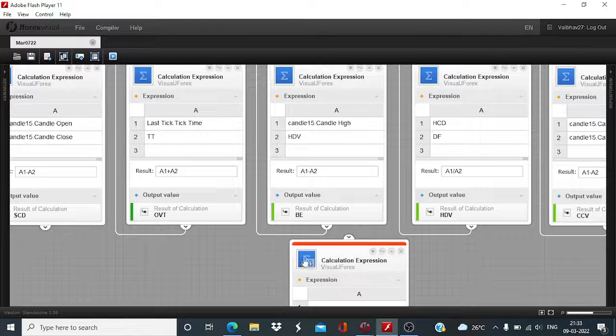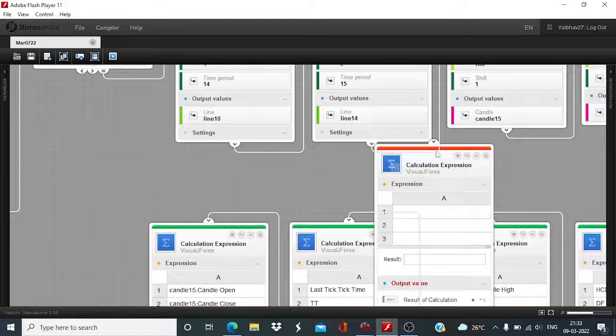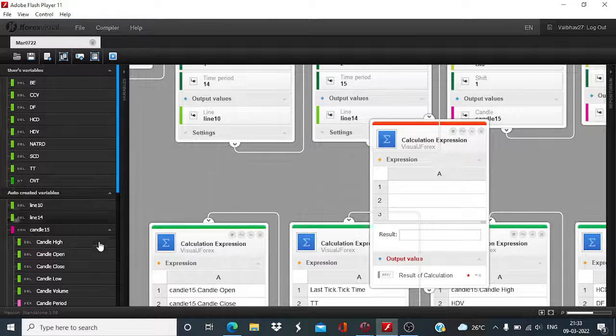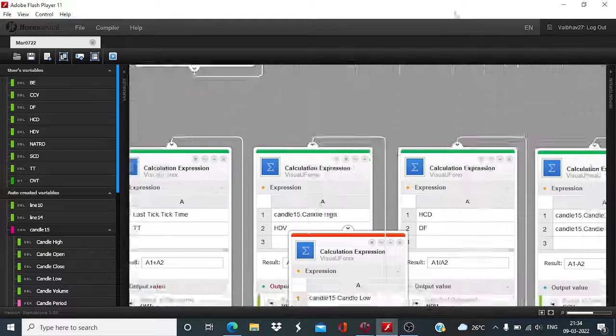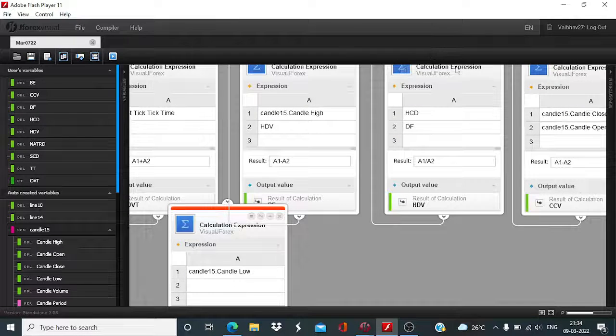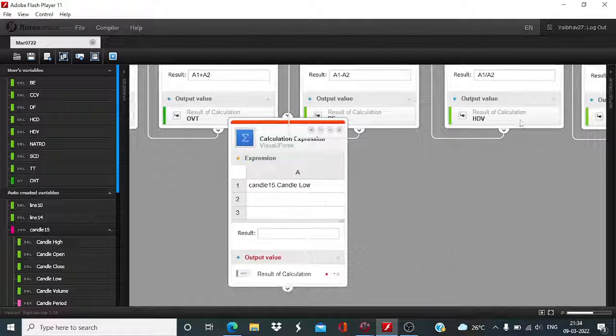So I need candle 15, candle low, and to that we add this variable. Here this calculation is simply the difference between highest and the lowest point being divided by 2, so we arrive at half of the value.